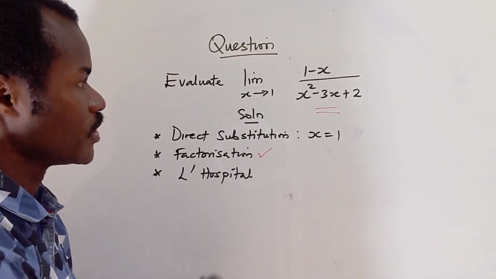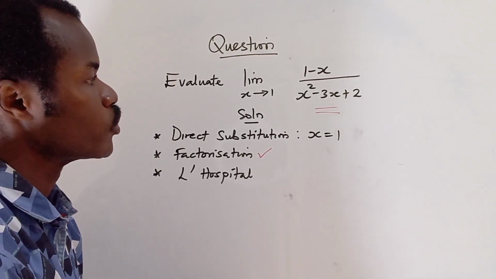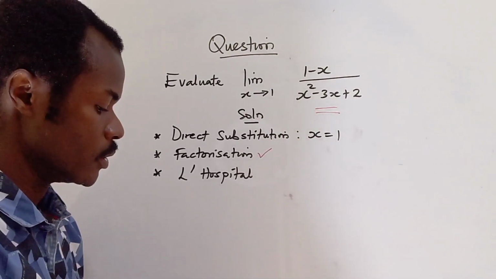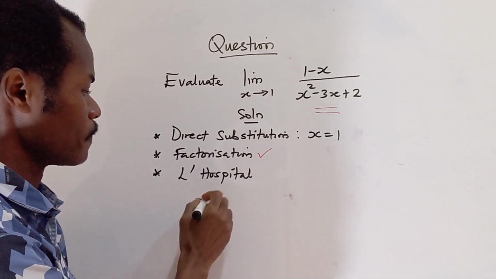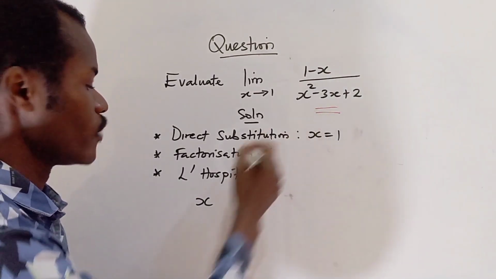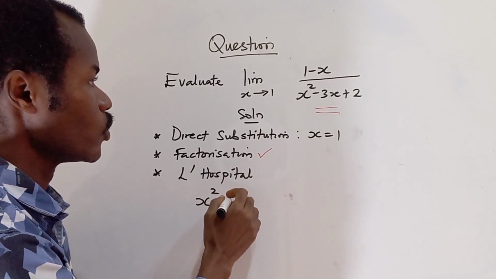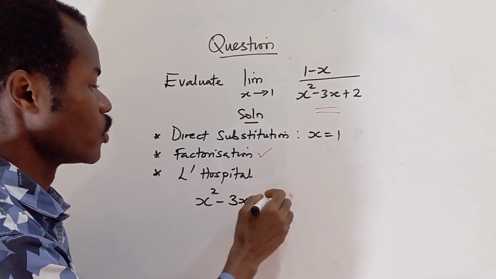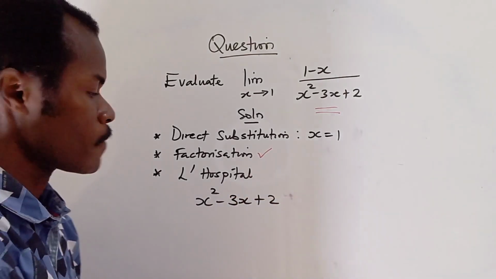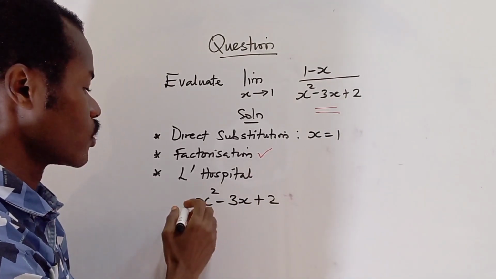Now for factorization, we want to check what we can factor out. The denominator there is quadratic in nature. So we have x to the power of 2 minus 3x plus 2. Let's check what we can factor out.